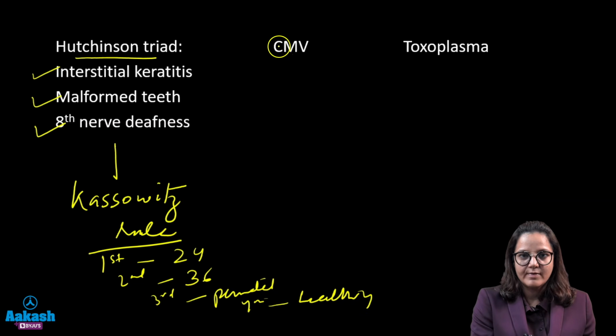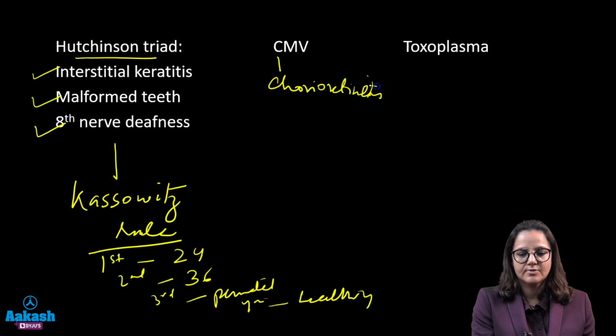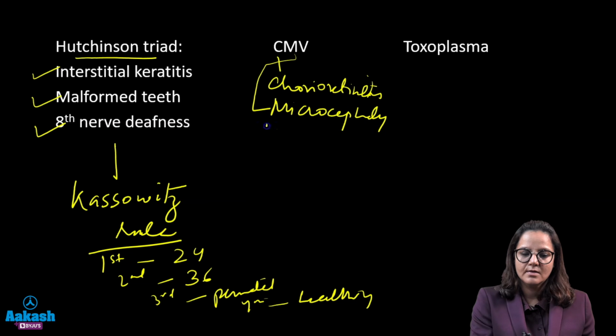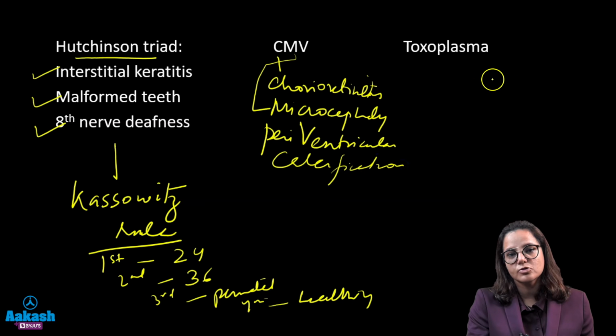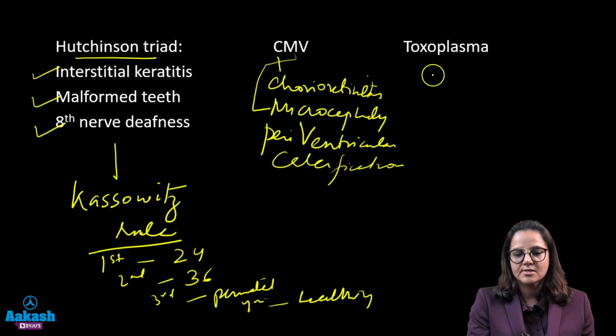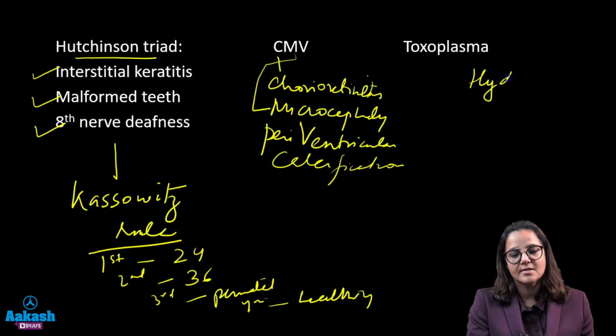Talking about cytomegalovirus infection, as the name suggests, C, there will be chorioretinitis, this is the triad, M, microcephaly, and V, periventricular calcification. What is seen with toxoplasma infection? With toxoplasma infection, all these things are there, but the main thing is hydrocephalus.